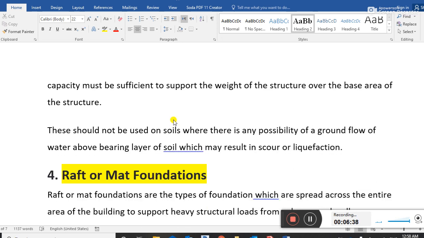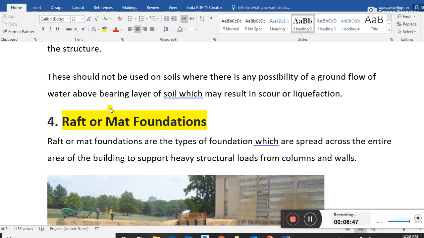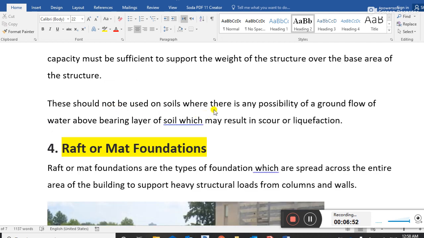Soil-bearing capacity must be sufficient to support the weight of the structure over the base area of the structure. These should not be used on soil where there is any possibility of groundwater flow above the bearing layer of the soil, which may result in scour or liquefaction.